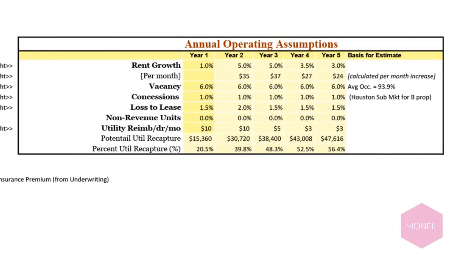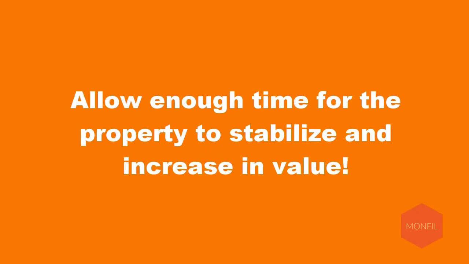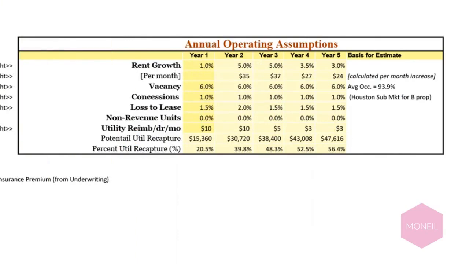And it's good to give a larger horizon like 5 to 7 years as compared to just 2 years, because whatever we put in the PPM, the private placement memorandum, and the operating agreement, which I'll be sharing in one of the other modules, we want to make sure that we give enough time for the property to get stabilized, to get the benefit of the increases in the value with increasing of the rents and decreasing expenses and so forth, or whatever the goal might have been, repositioning or whatever.